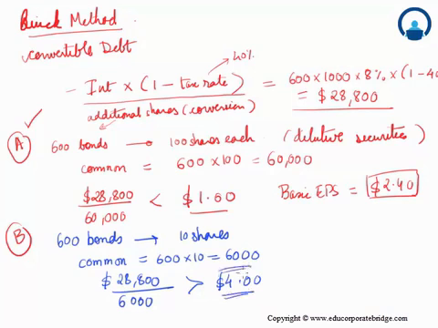So the incremental effect is greater than the basic EPS: 4 is greater than 2.40. If this is the scenario, these convertible securities will be anti-dilutive. So this is a shortcut to check whether your securities are dilutive or anti-dilutive.